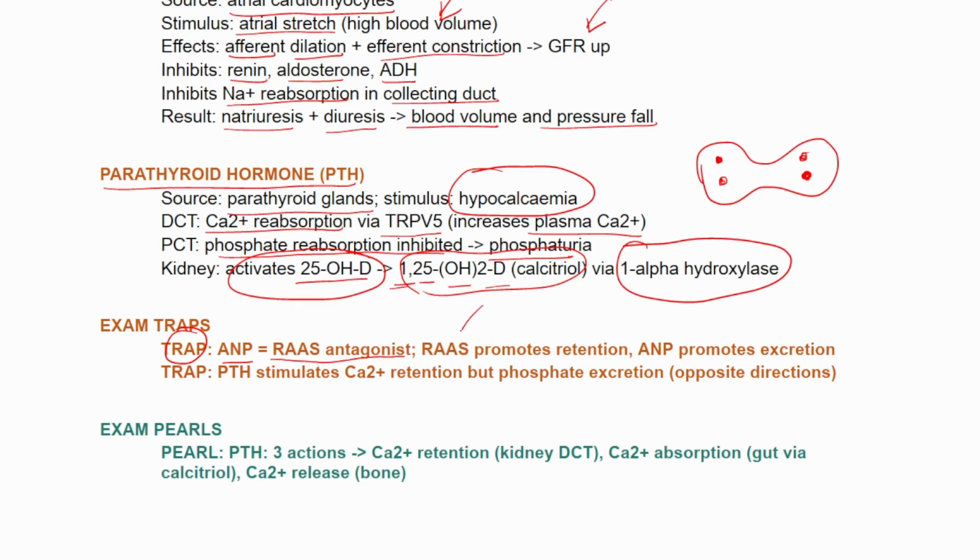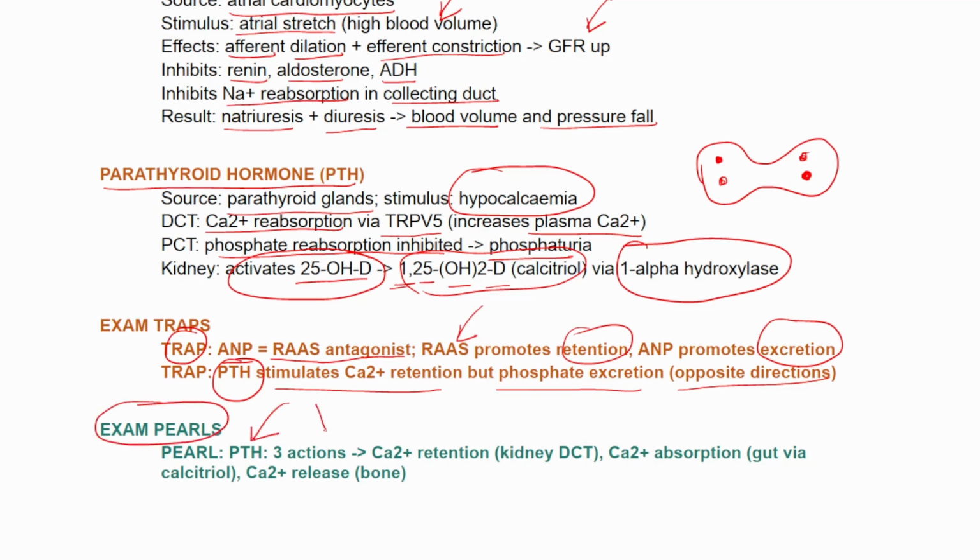While the RAAS pathway promotes fluid and sodium retention, ANP aggressively promotes their excretion. Second, keep in mind that PTH drives calcium and phosphate transport in entirely opposite directions, stimulating calcium retention while forcing phosphate excretion. So the bottom line is written in exam pearls.